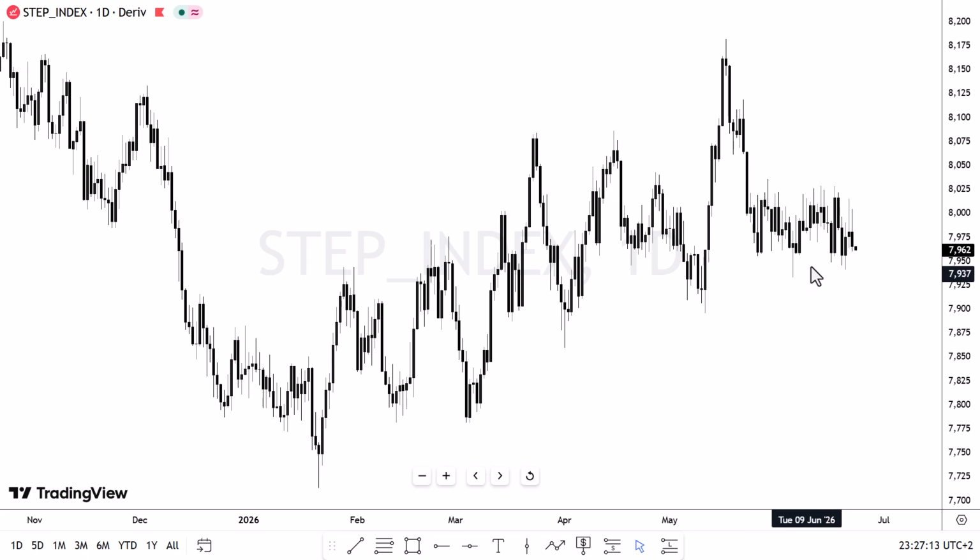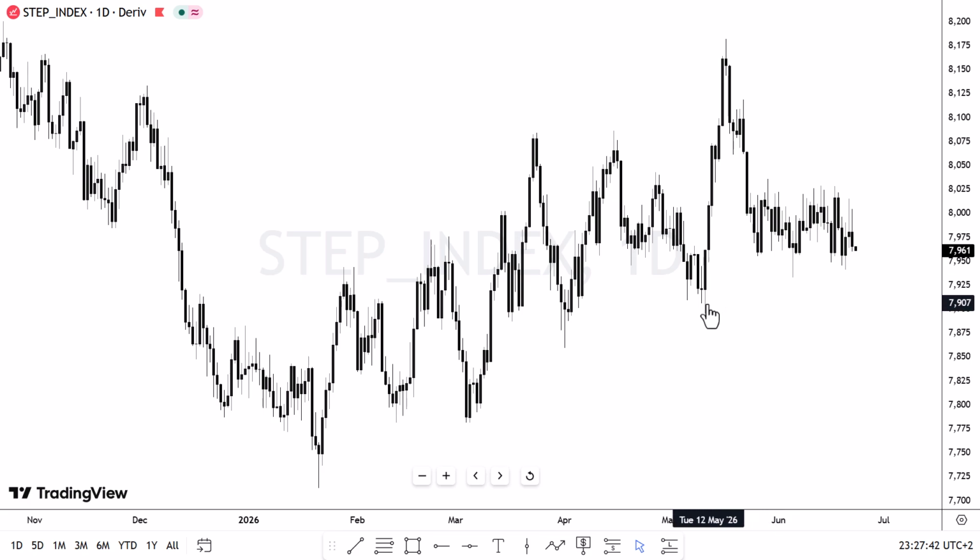Okay. So, besides this consolidation, which is obvious, we have the resistance and then we have the support. Down here, which is the support, we have the June 5th low, which is the first target that I'm looking for.